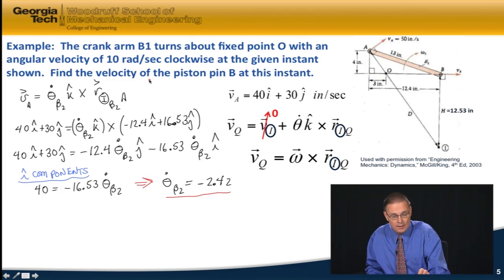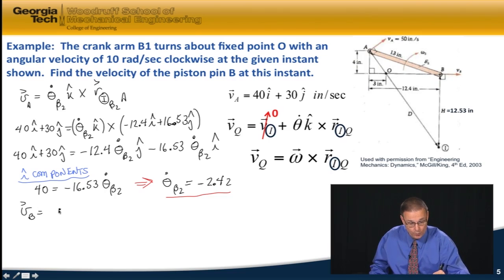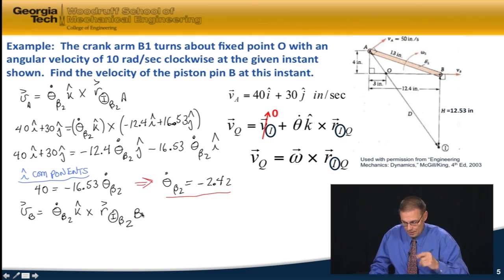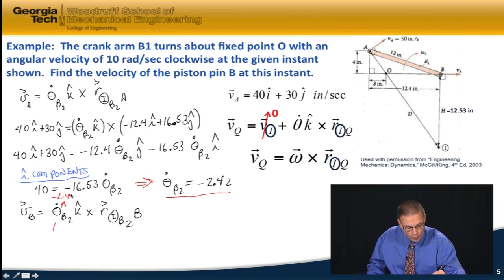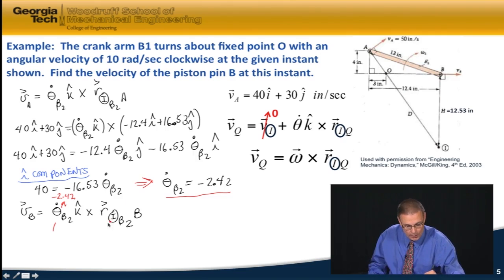The one I want to find is the velocity at the piston pin B. So I'm going to write my equation again, and I'll get the velocity of B is equal to theta dot B2 in the K direction crossed with a position vector from the IC for body B2 to point B. We know that theta dot B2 is minus 2.42. We've solved for that. R from the IC of B2 to B is just 12.53 in the J direction.